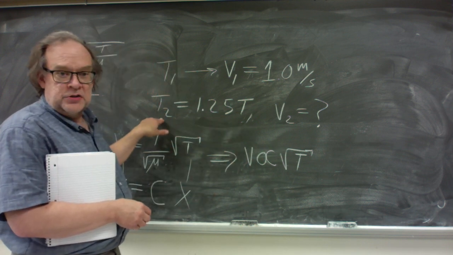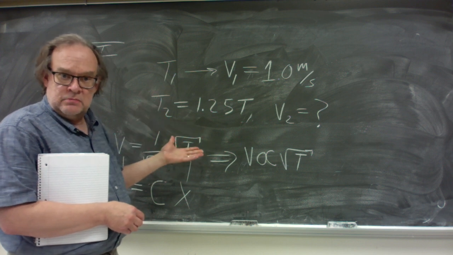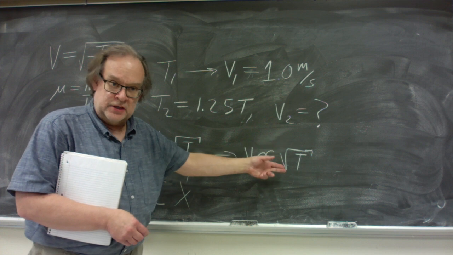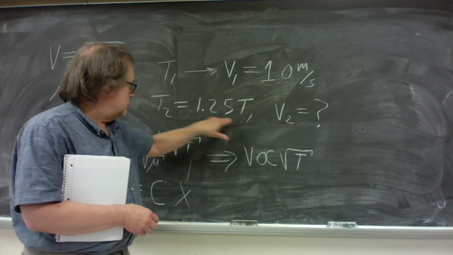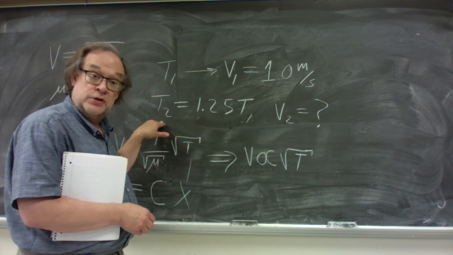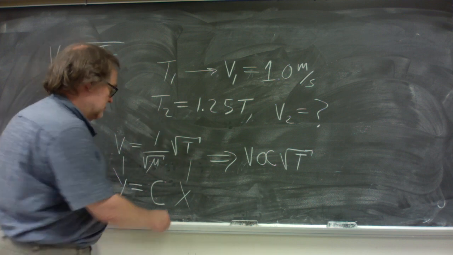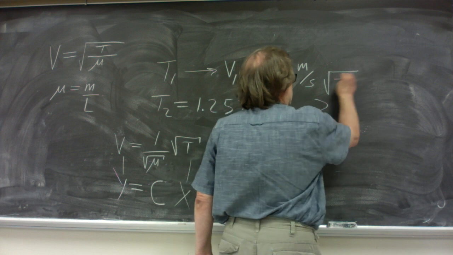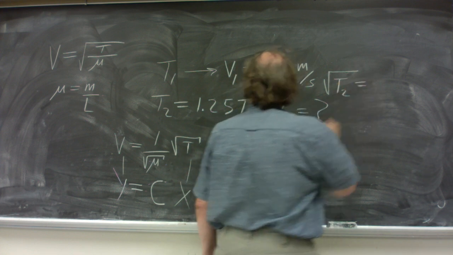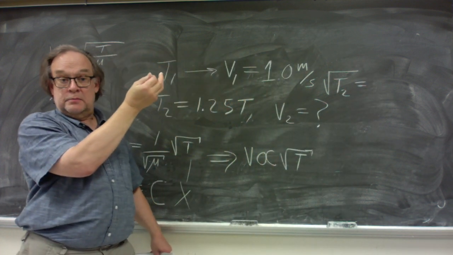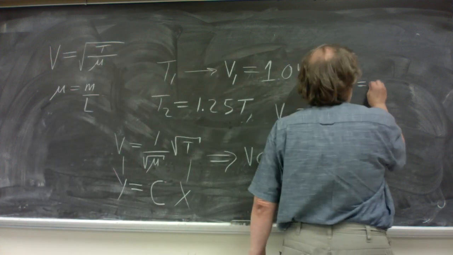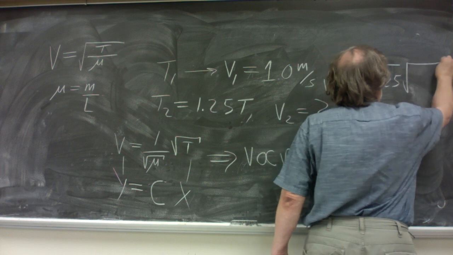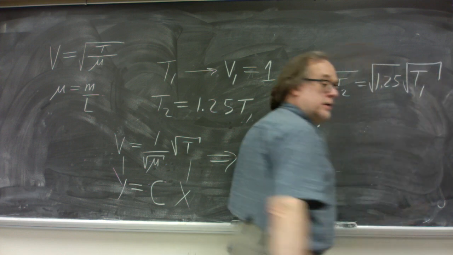This equation here tells us how tension changes, but we need to know how square root of tension changes, and we can get that information just by taking the square root of this whole equation. So let's do that. Square root of T2 equals square root of everything on the right-hand side, which is square root of 1.25 times square root of the old tension.